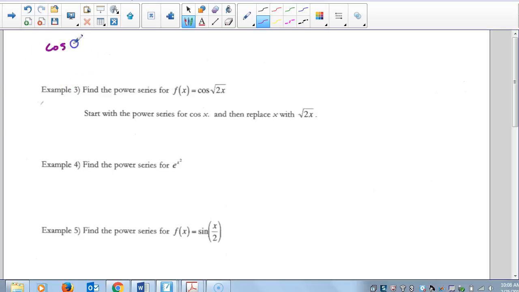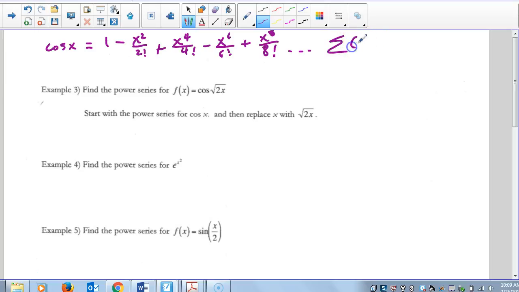If I've got cosine x, that is 1 minus x squared over 2 factorial plus x to the 4th over 4 factorial, and it alternates, minus x to the 6th over 6 factorial plus x to the 8th over 8 factorial, etc. until you get to the general term, which is -1 to the n, so that it alternates, x to the 2n, we got to make sure that they're even, all over 2n factorial.